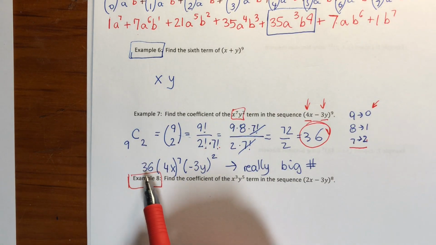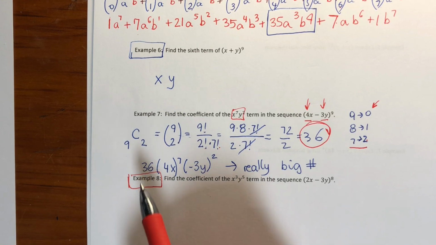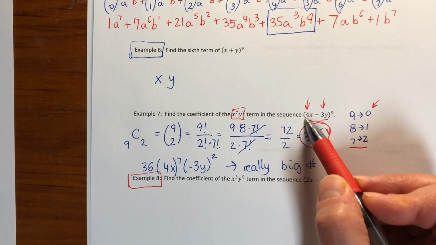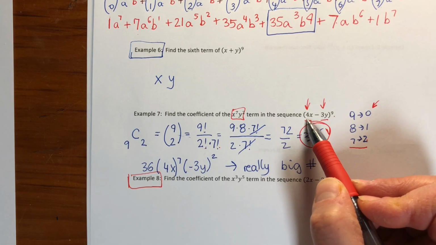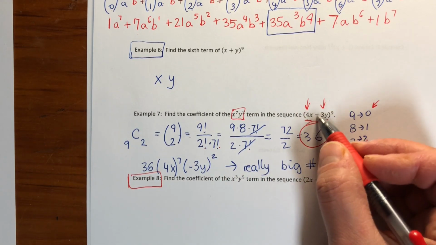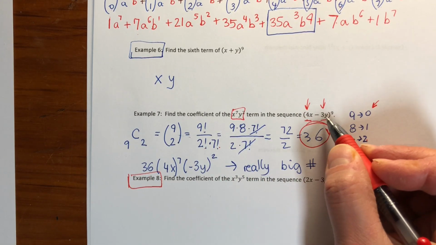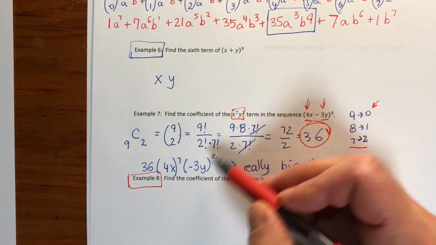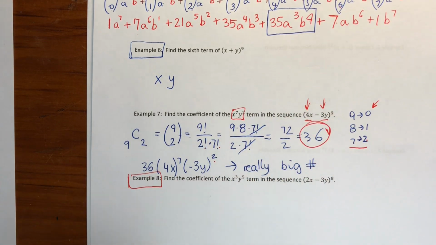Well, my number that I have in front is 36. But then I do know that this one would be raised to the 7th power, right? And the y term, which in my case is the negative 3y, is going to be raised to the 2nd power.